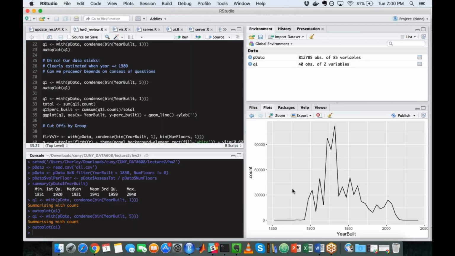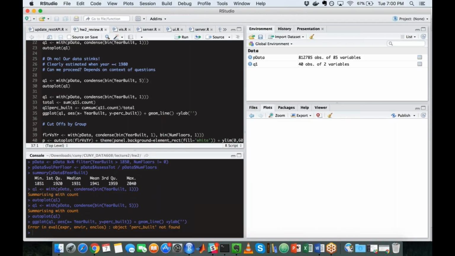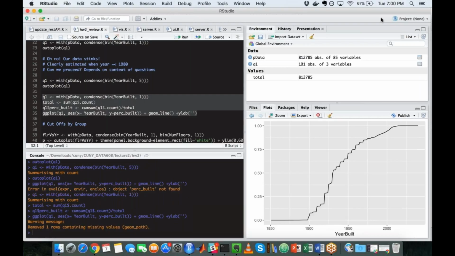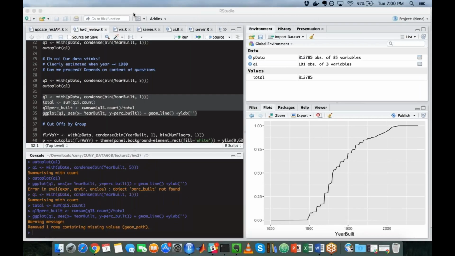And to more accurately answer the question as posed, you're able to look at accumulative data, to look at this cumulatively. So if we look at this here, and I'll have to run all of these. If we're looking at this cumulatively, you get more of an idea of when most of the buildings were built.